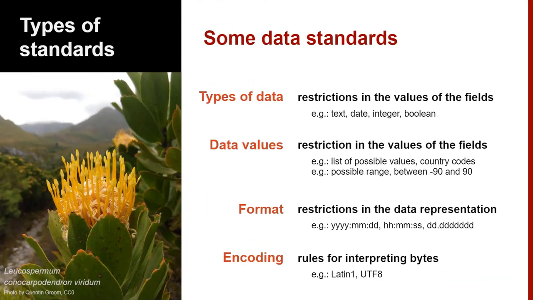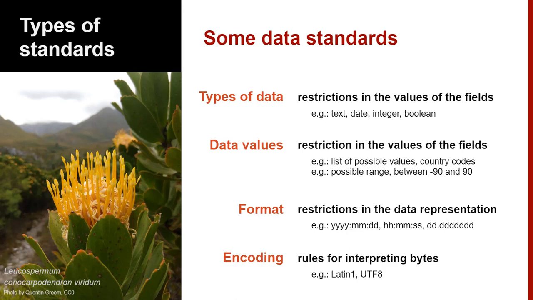Now, what types of standards do we usually use when dealing with data? There are many types of standards, and here we're going to mention only some of them. There are standards on the types of data that refer to the restrictions on the values of the fields. For example, if we're talking about text, about dates, if we're talking about Boolean data types. There are also standards regarding the values of the data, which are restrictions regarding the values that we can use in certain fields.